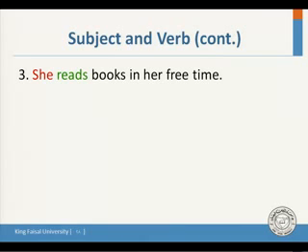She reads books in her free time. Where is the subject? The subject is she. It's a pronoun, a subject pronoun. And we studied this in lecture number 1. Subject pronouns. She, he, they, etc. She reads books in her free time.